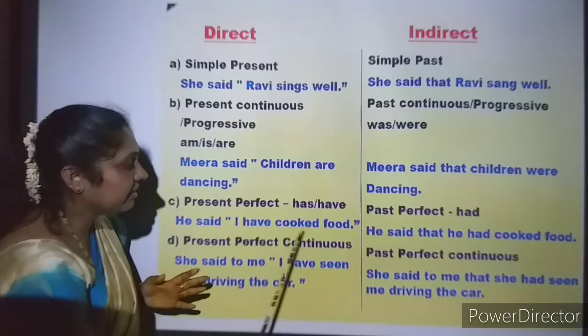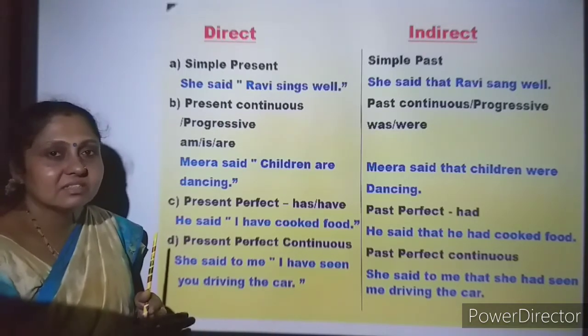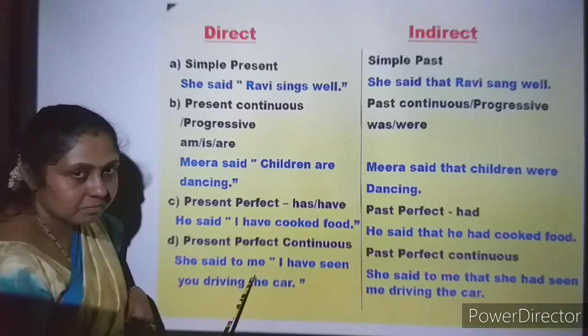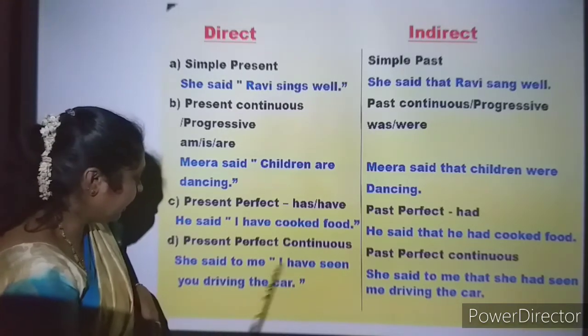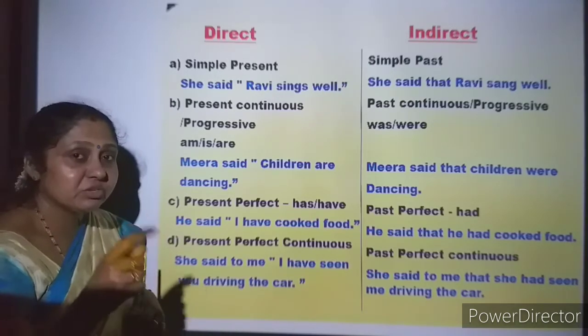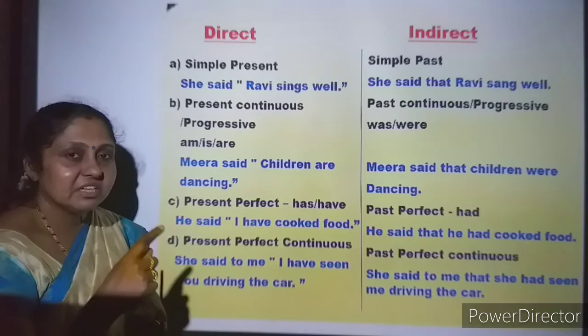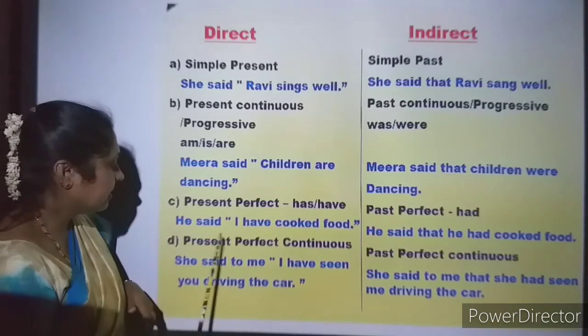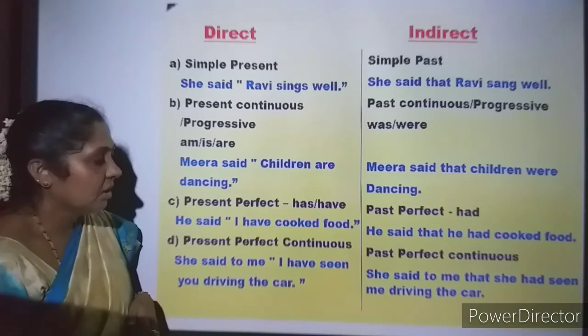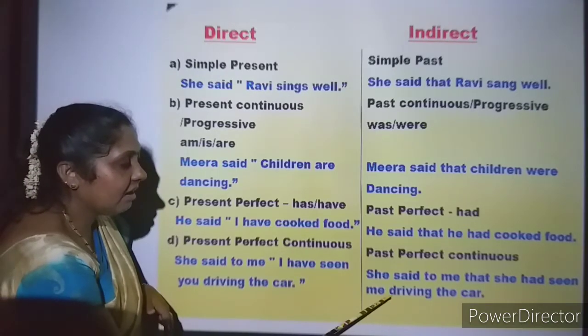Present perfect continuous. If the sentence is in present perfect continuous, she said to me, I have seen you driving the car. That is present perfect continuous or progressive here. See the changes here.